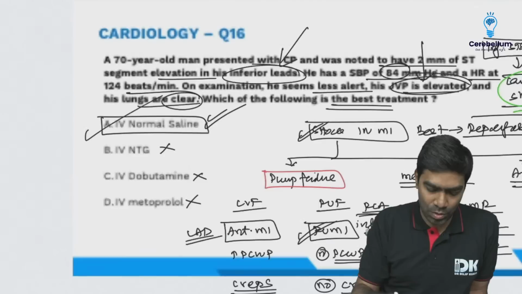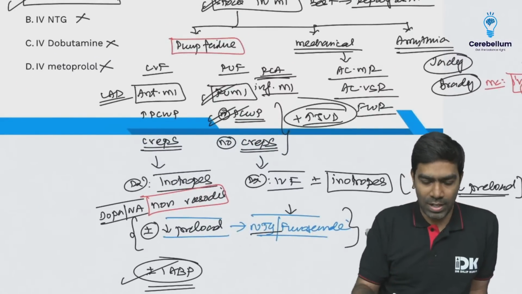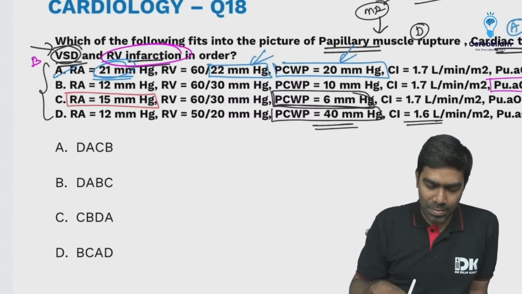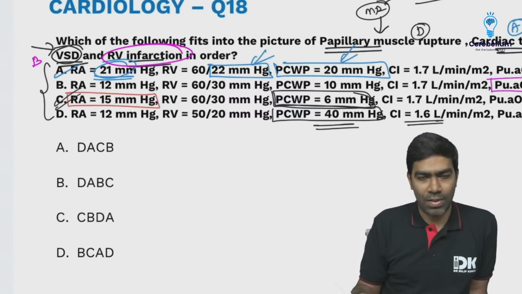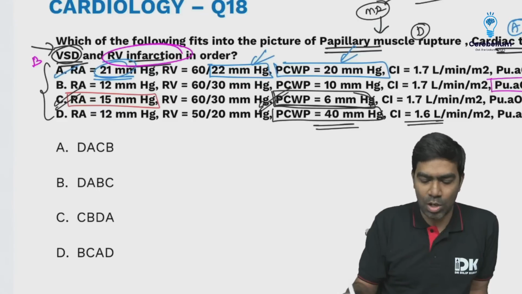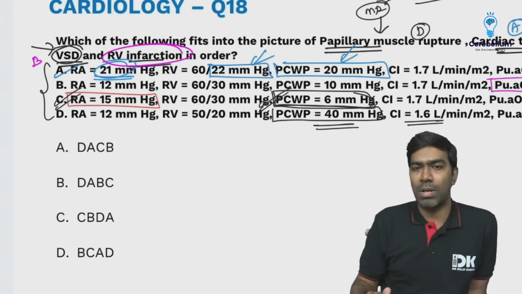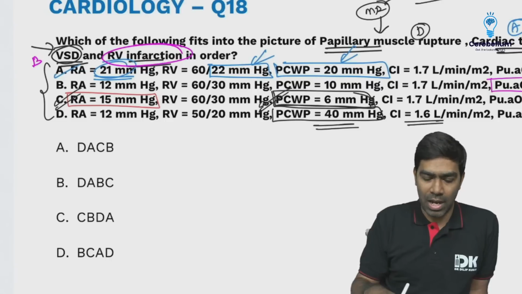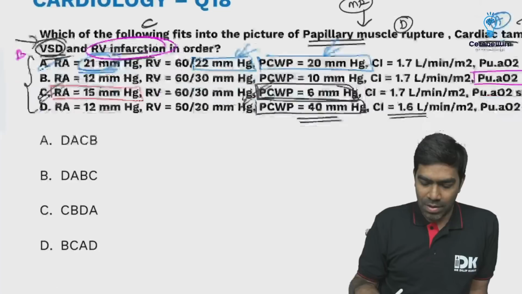I told you in right ventricular MI, PCWP will be normal, but JVP will be increased. That's what is happening. The CVP is high, more than 6 is normal, so definitely more than 6, and PCWP is normal, less than 12. So increased right atrial pressure with a normal PCWP means it must be RV infarction. So option C is the one that fits into RV infarction.